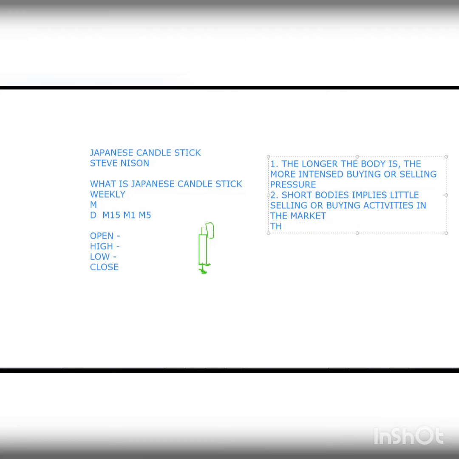Then the third one, the wick, signifies that the buyers and the sellers came and drove the price up or down.